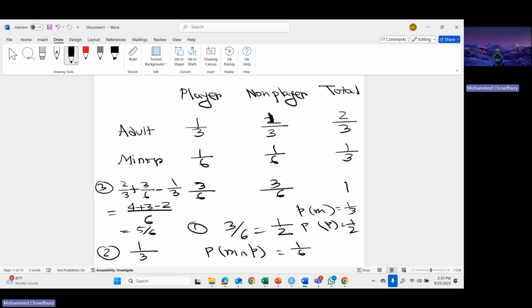So multiplication is equal to 1 over 6. Clear, right? All the questions that come, the wording will be different and the problem will be different. So if you do not understand the fundamentals of this, you will not be able to do well in the exam.